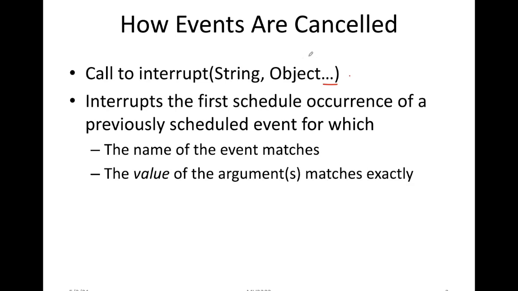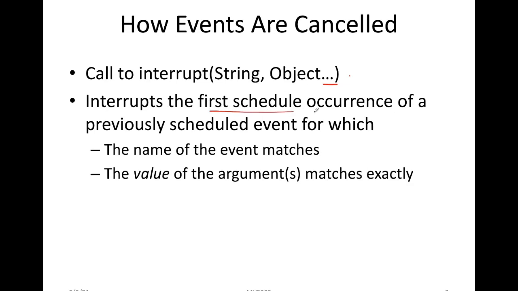Now, the matching for this, again, was kind of implied by the transfer line model, but maybe not as explicit as it could be. So what it does is an interrupt call will cancel at most one event. It will either cancel one or none.